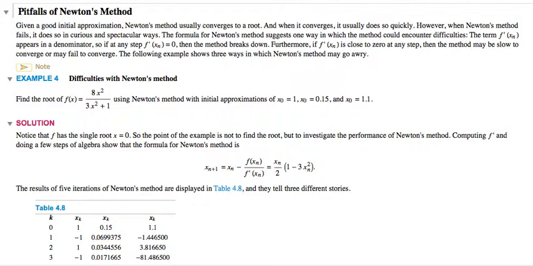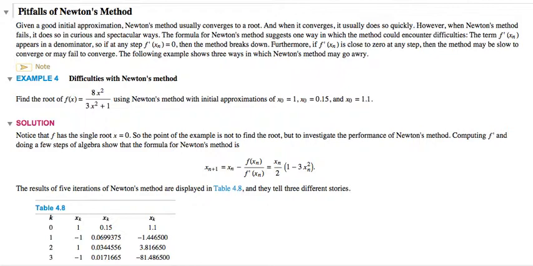One thing that happens is the denominator, f'(x_n), ends up being 0. That'll cause the whole system to break down. The other thing is, whenever the derivative at x_n gets close to 0, our method's going to be very slow to converge, or it might not converge at all.